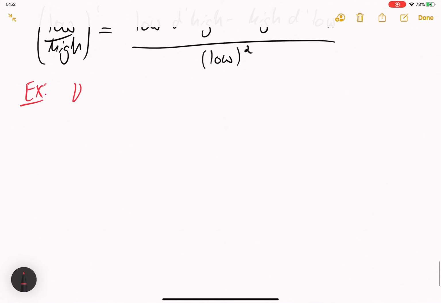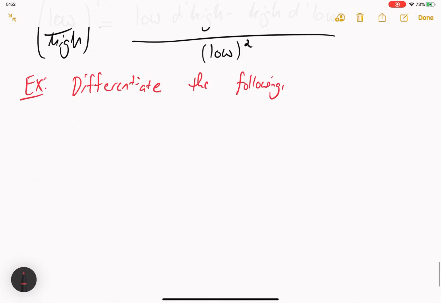So you want to differentiate the following functions. The first one is going to be y is equal to x plus 1 divided by x cubed plus x minus 2.